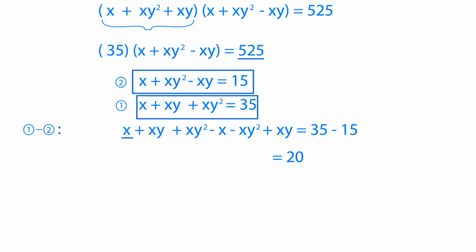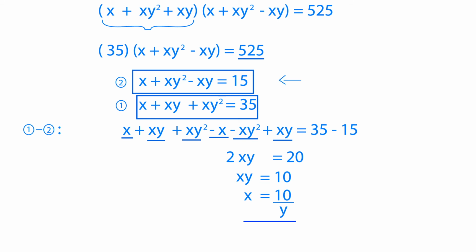And let's see, the x's cancel, the xy squared cancels, and the xy joined to becomes 2xy. And therefore xy is equal to 10. And now we can isolate for x. X is equal to 10 over y. All right. Now all we have to do is plug this x is equal to 10 over y into any one of these and solve for y.